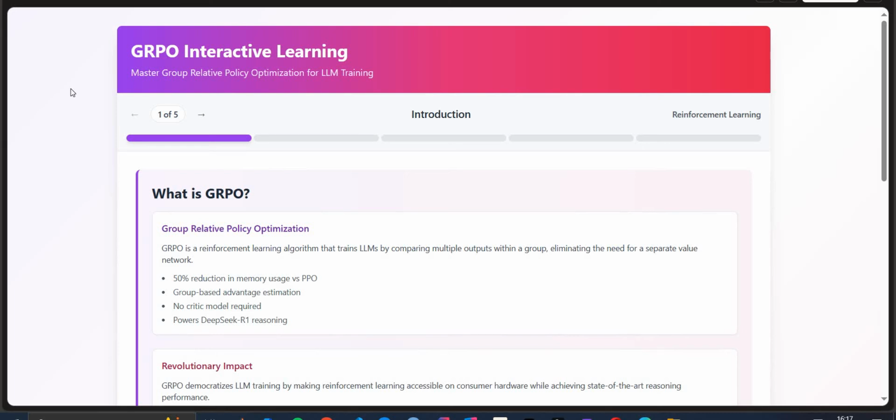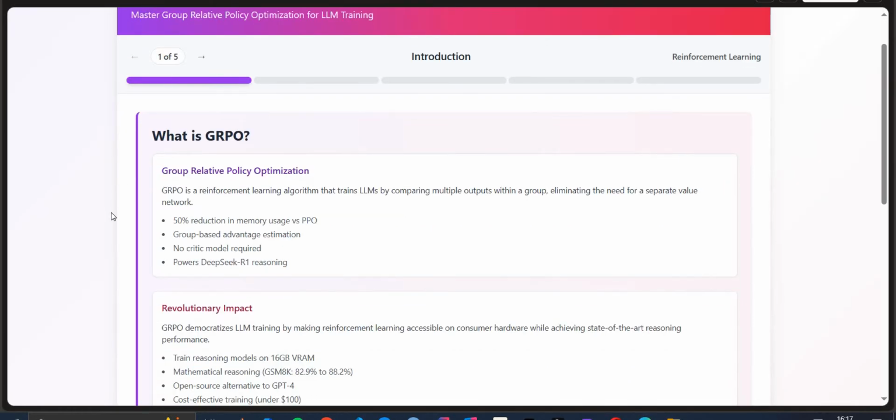Alright, let's start by walking through what GRPO actually is and why it matters in large language model training. So, GRPO stands for Group Relative Policy Optimization. It's a reinforcement learning method, but it works a bit differently from what you might have seen with traditional PPO.